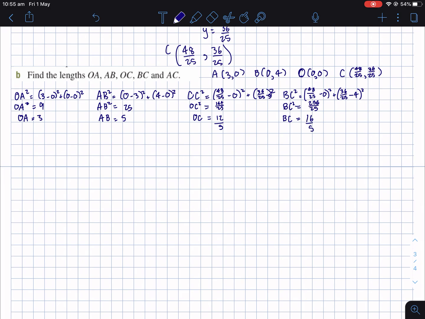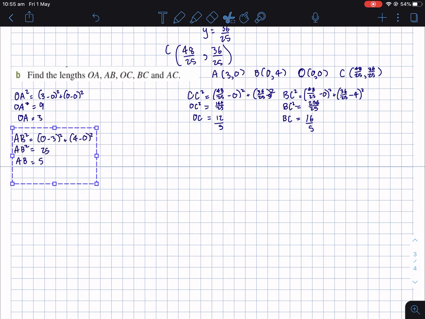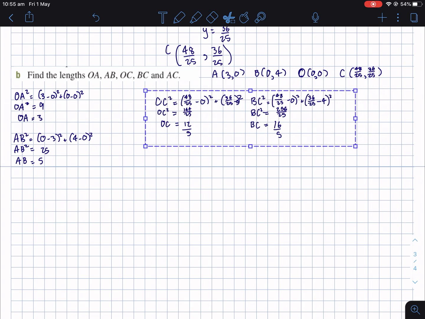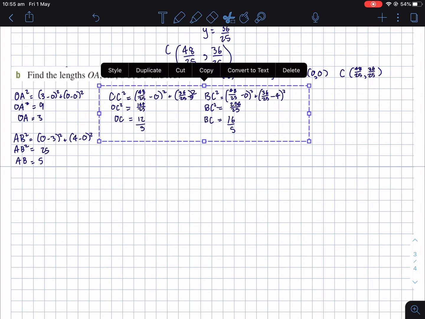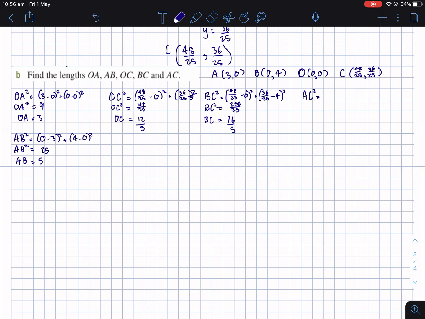And finally, AC squared is going to be 48 on 25 take 3 squared plus 36 on 25 take 0 squared. So AC squared equals 81 over 25. So AC is 9 on 5.